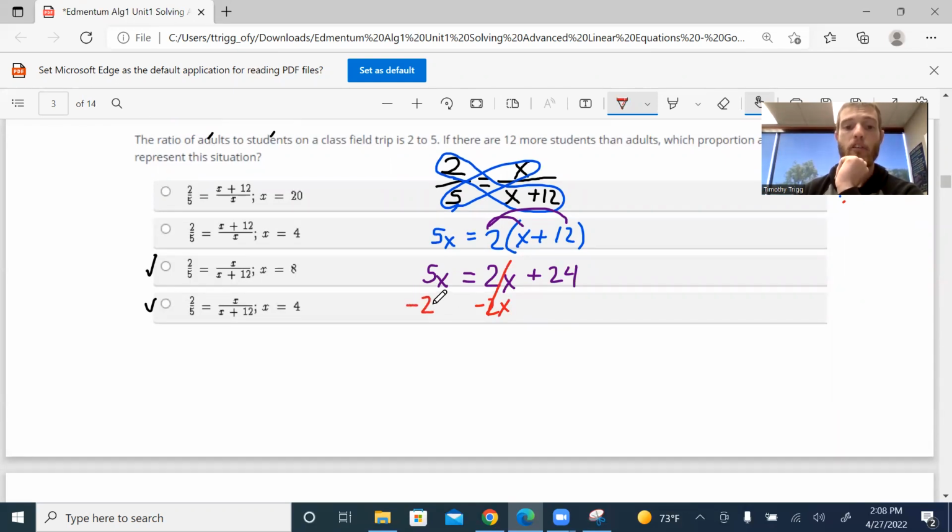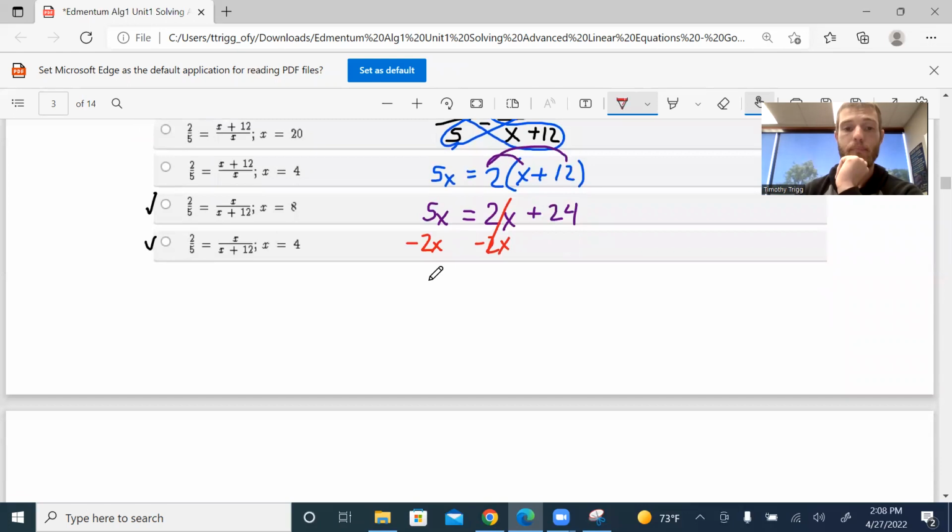That means I have to subtract 2X on the other side, leaving us with 3X equals 24. Lastly, to get X by itself, we divide both sides by 3 using the division property of equality. X equals 8.